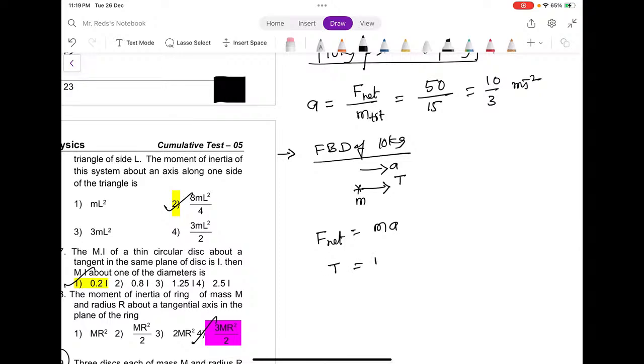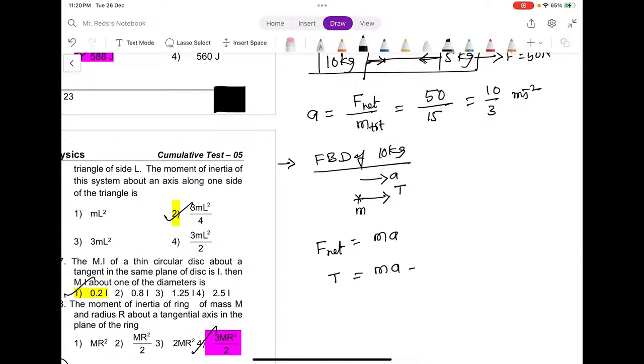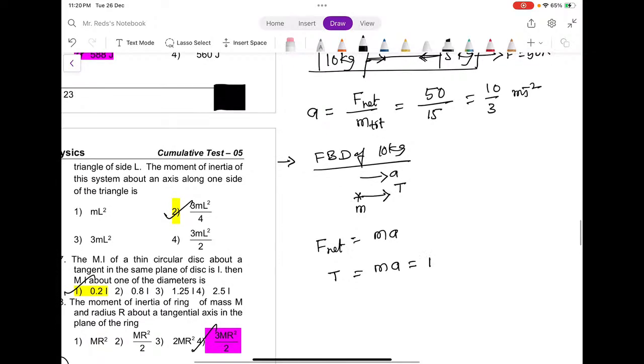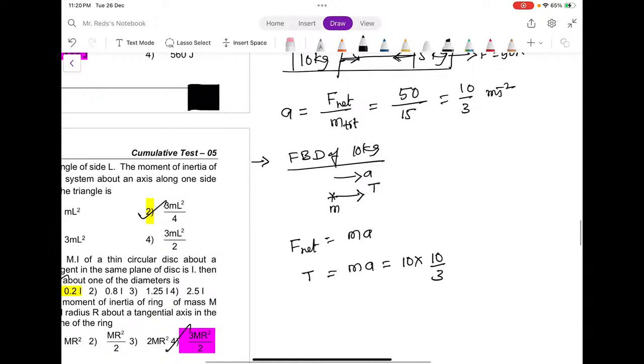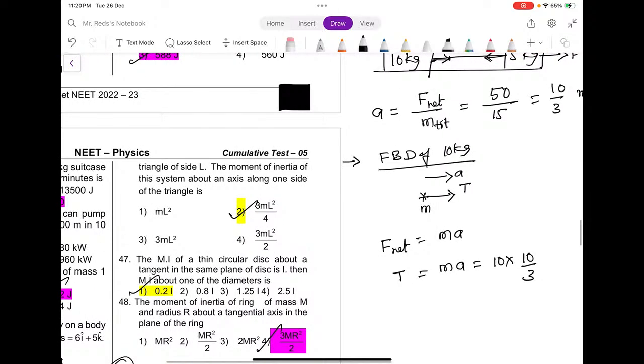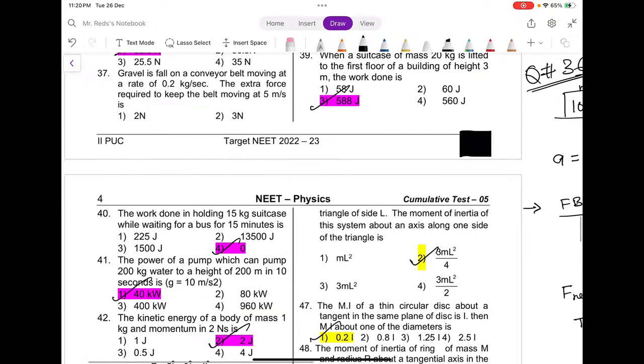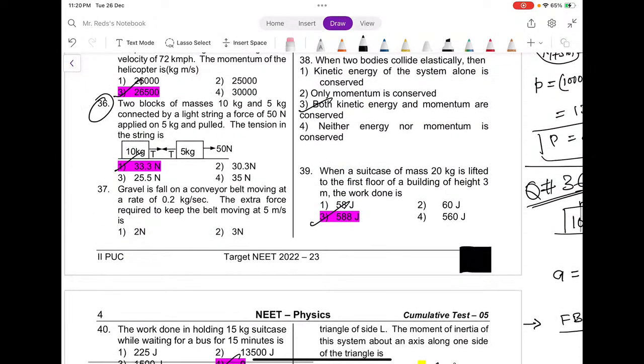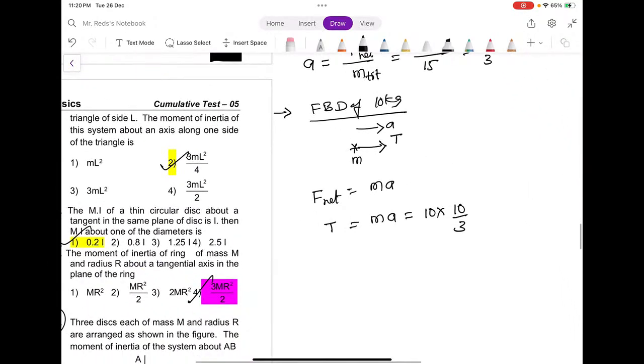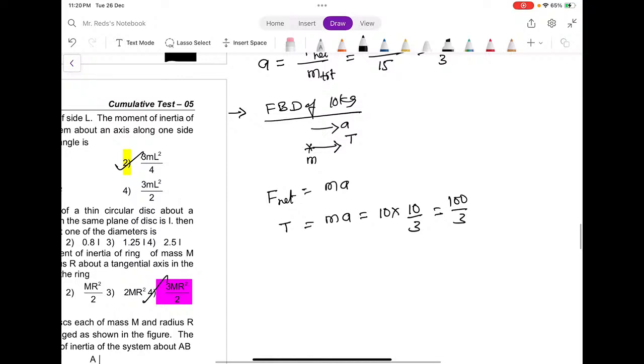T is equal to mass times acceleration. Taking the 10 kg object, mass is 10 kg, acceleration is 10 by 3. So for question number 36, we get 100 by 3. That's it. So this is the tension in newtons.